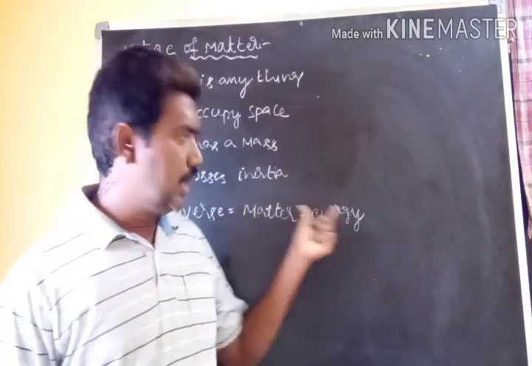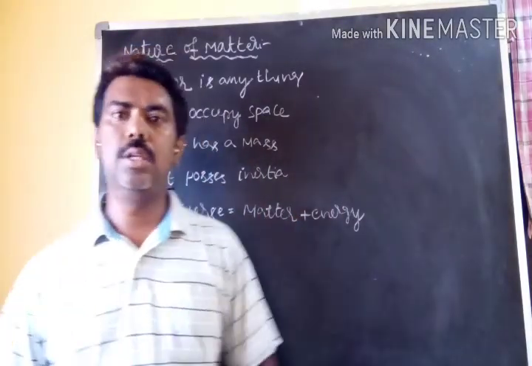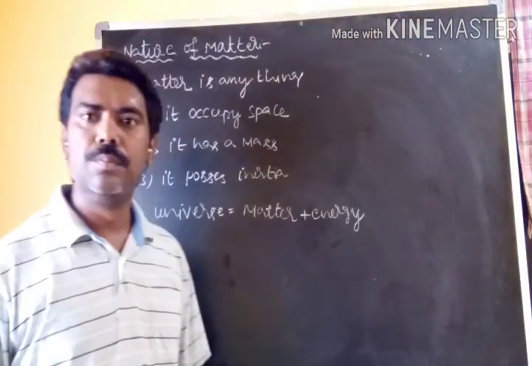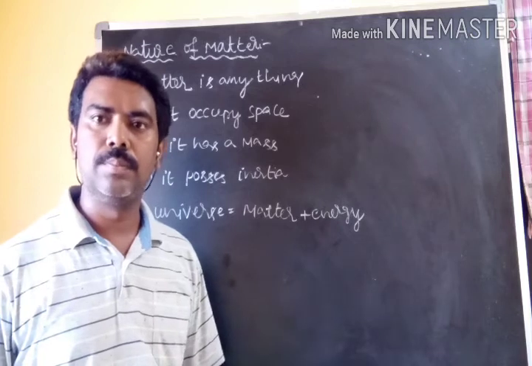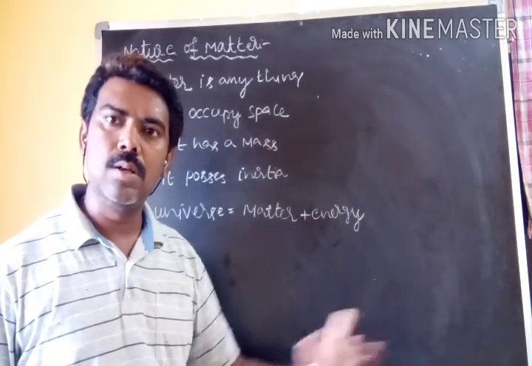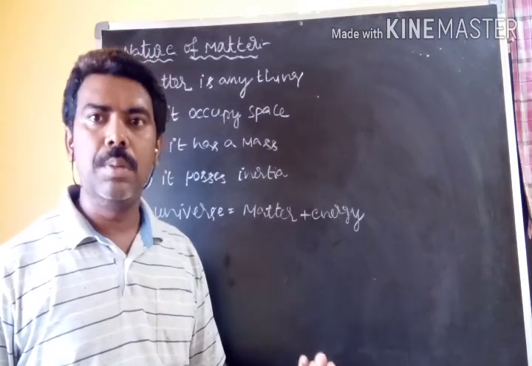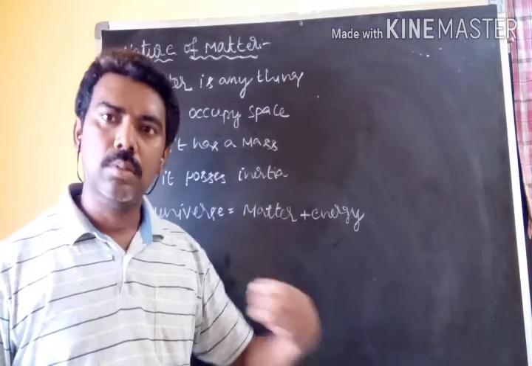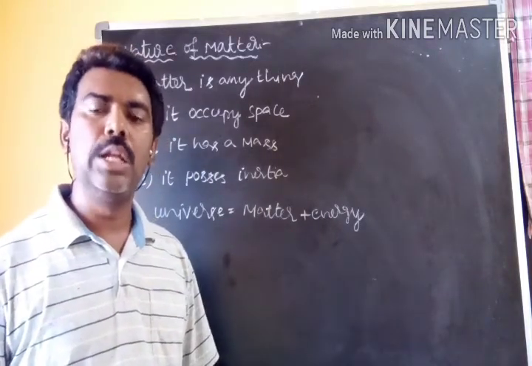And again, matter and energy are interconvertible. For example, dust is an example of matter, wood is also an example of matter, and fuel, either petrol or diesel, is also an example of matter. While burning any of these materials, it produces a certain amount of energy.